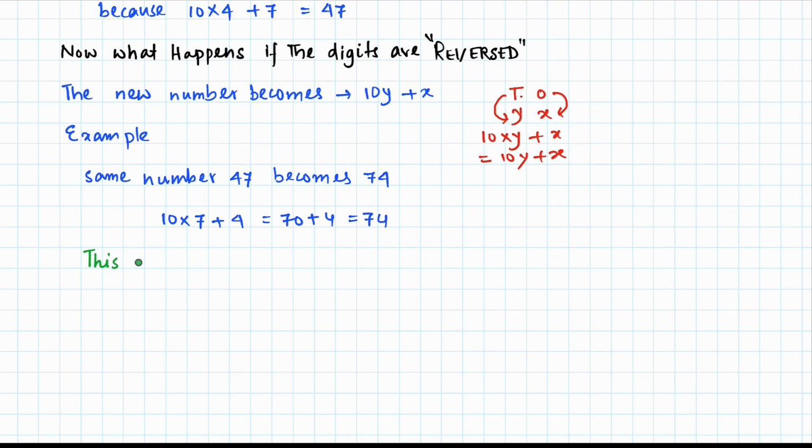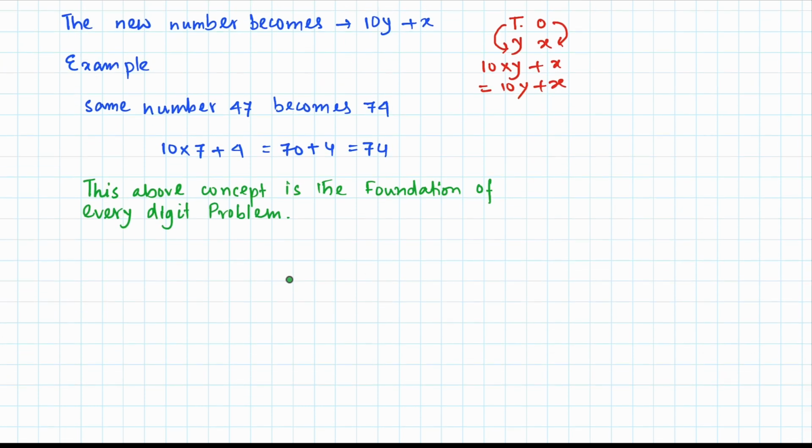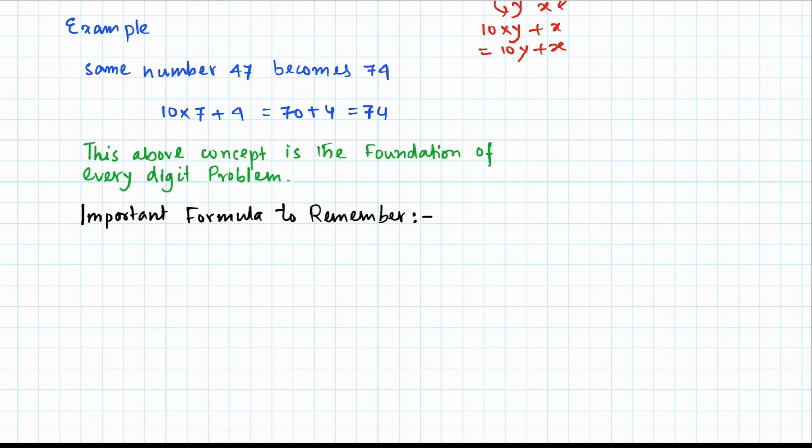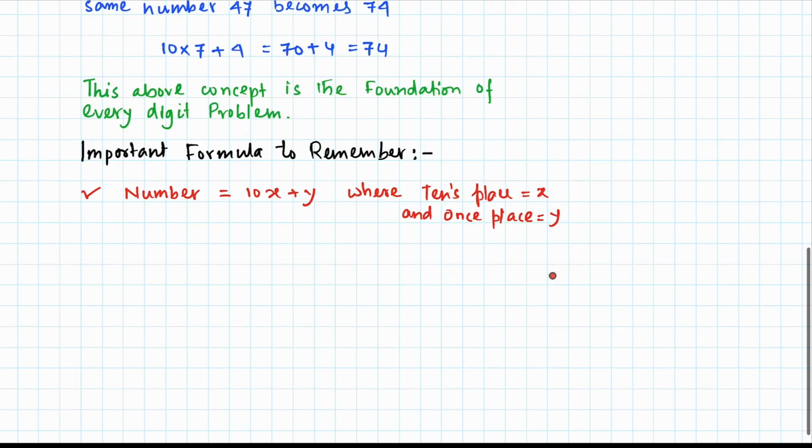So this is the reverse of the original number. These are the two very important concepts you have to keep in mind when dealing with digit related problems. This concept is the foundation of every digit problem that we are going to encounter during the exam, so we have to clear it from the beginning. Now, important formulas to remember: the original number is 10x plus y, where x is in the tens place and y in the ones place.